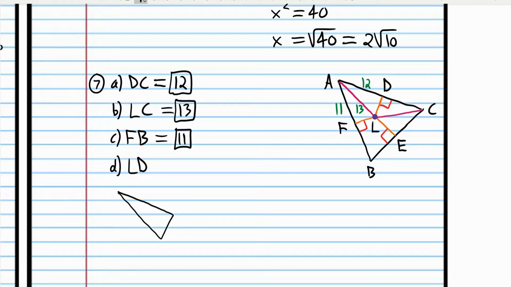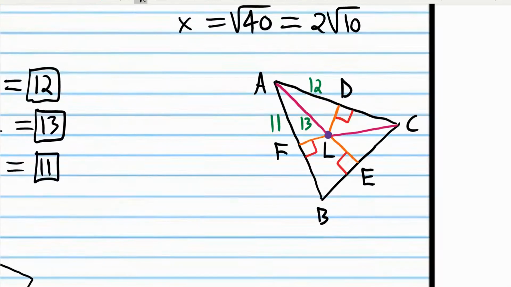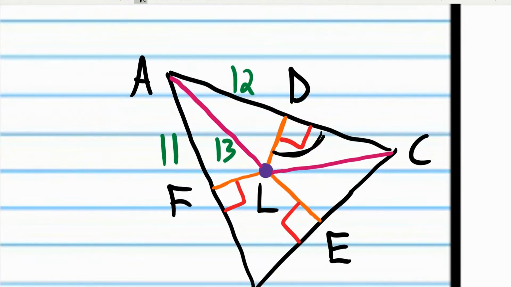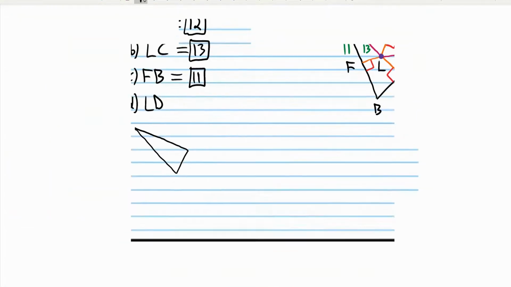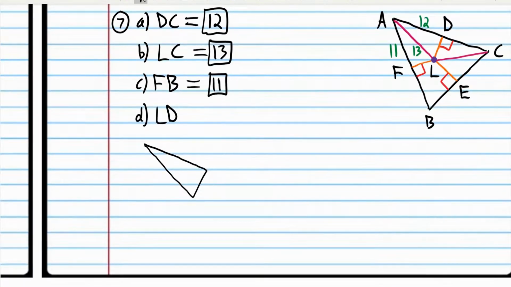Now we know that this angle is 90 degrees, so this angle must be 90 degrees also, based on the concepts that we learned previously in this course. So we know this side is 12 and this side is 13, and we're looking for x. So we can use the Pythagorean theorem: 12 squared plus x squared equals 13 squared.